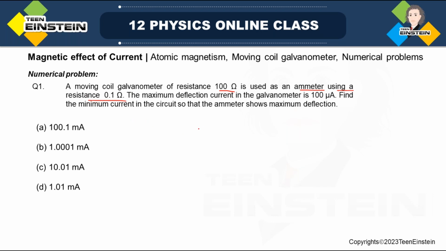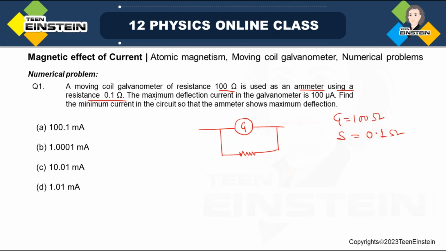So here if I draw the galvanometer, the shunt is given, so the galvanometer resistance G is 100 ohm and S is given as 0.1 ohm. Now let us read the next part.